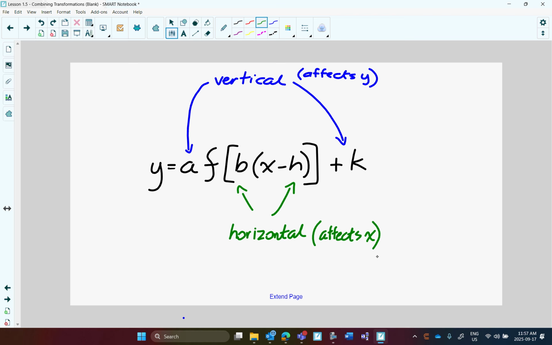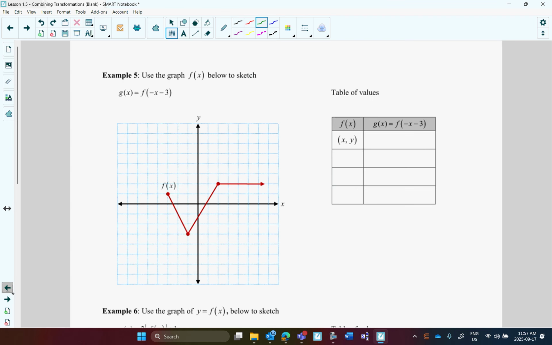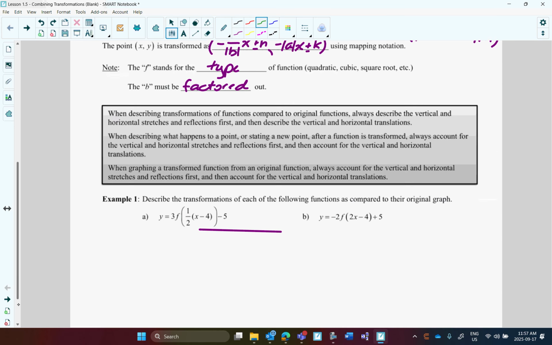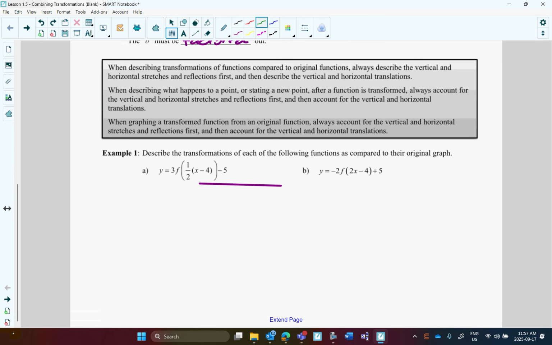Because I want to look at a few examples. So we'll start here. What we are asked to do is we are given a transformed equation of a function and asked to describe all the transformations that took place.